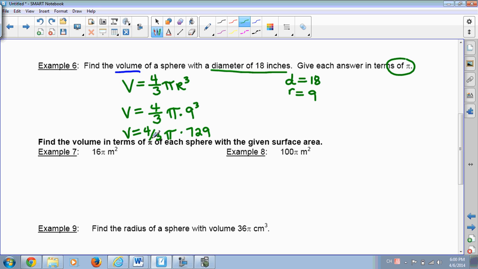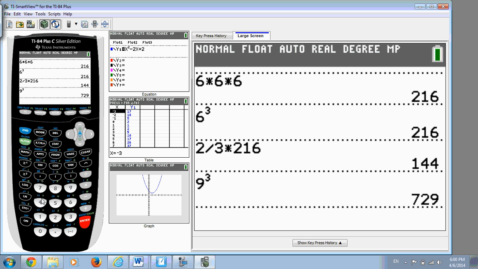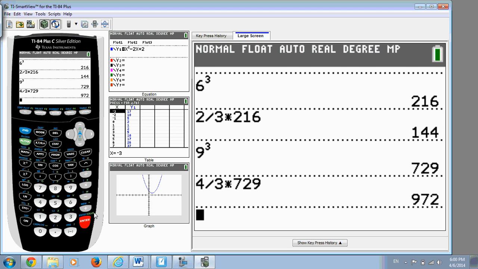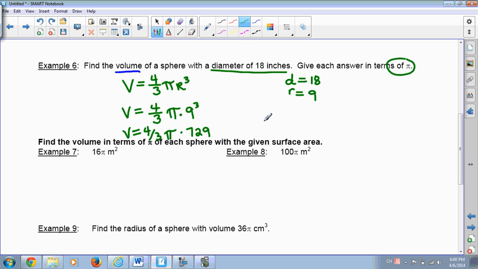So we're just going to take 4 divided by 3 times 729 in our calculator, and we have 972. So the volume of this sphere is 972 pi inches cubed. That's what we're measuring in.